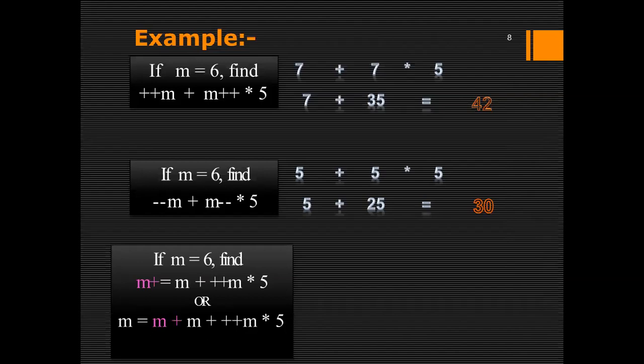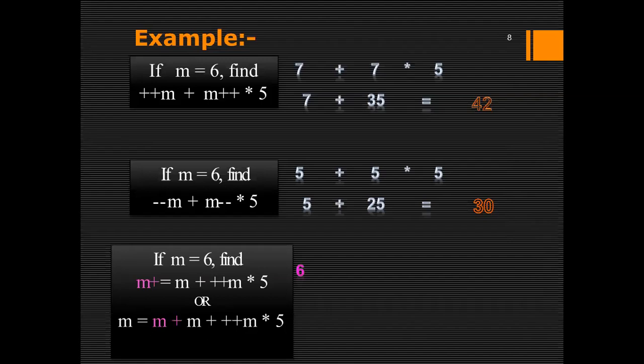Question number 3. You can see that I have written two questions with an or. Here, both the questions mean the same. The first one uses the shorthand form, whereas the last one is without the shorthand form. Now here m += means the value of m plus, followed by is equal to.